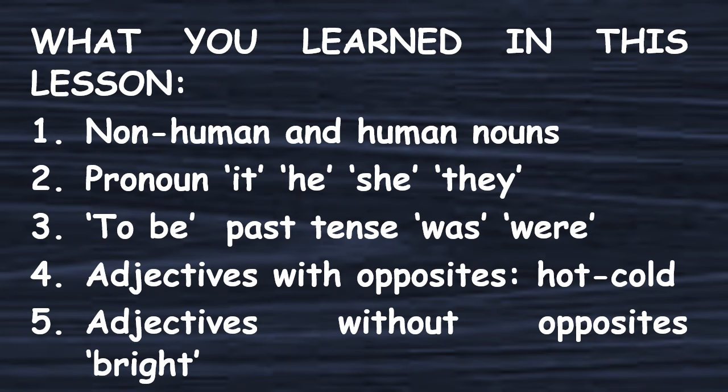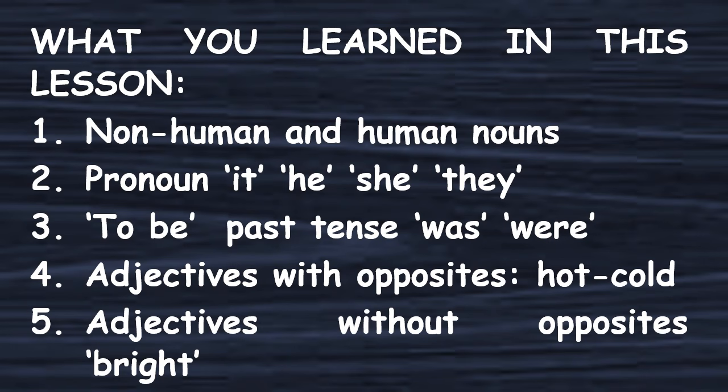We started with nouns like the movie, and we ended with a noun like gardener and swimmer, which are humans. For the non-human nouns, we used it if it was singular, that is the pronoun. We used they if it was plural. Even for non-human nouns, plural is they.